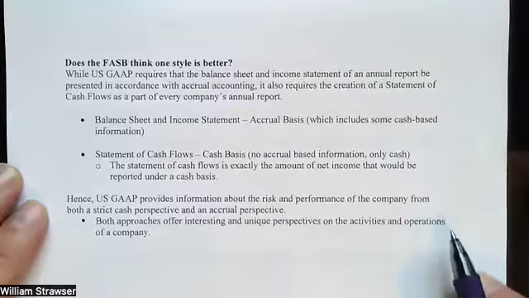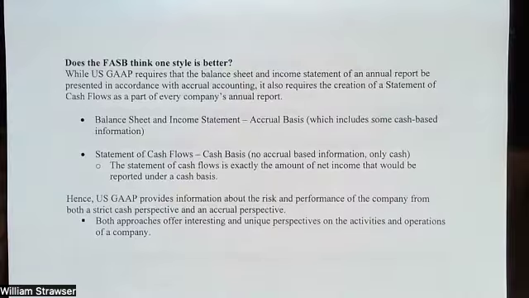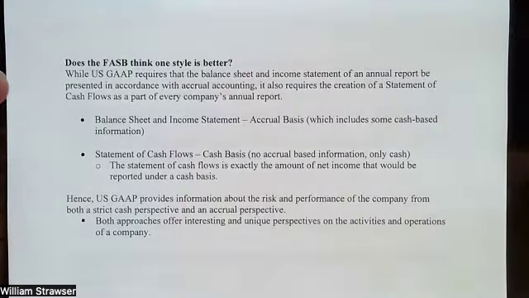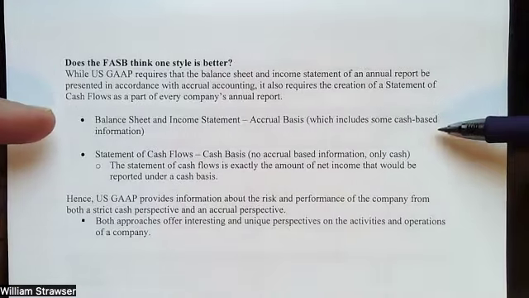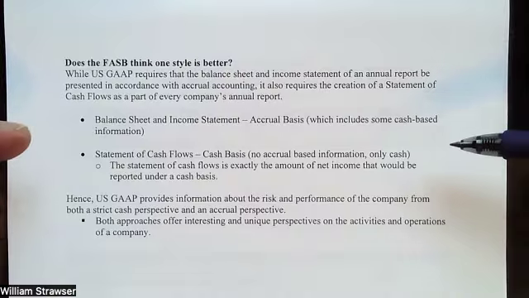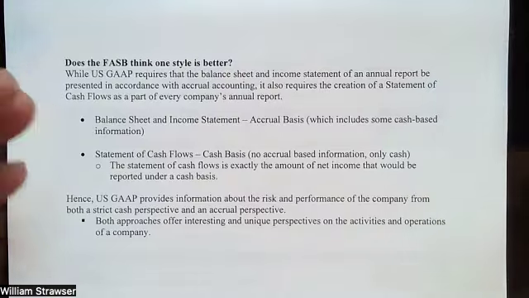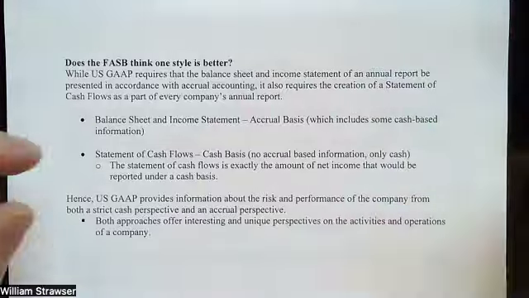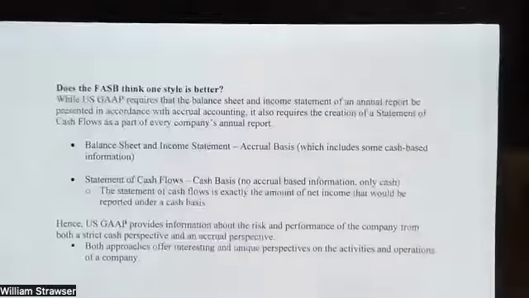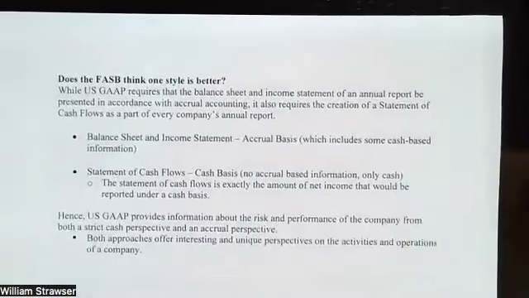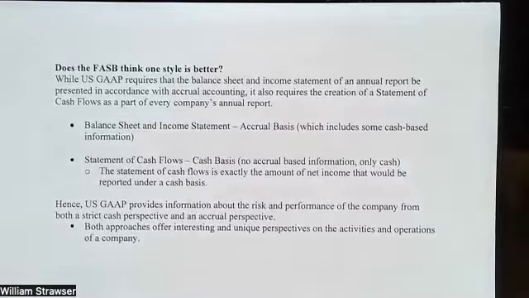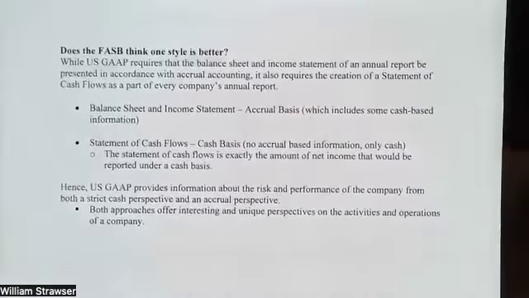So it seems like there's a sort of split decision here, because yes, the FASB uses the accrual system. The balance sheet and the income statement are definitely based on the additional accrual layer given to us by the expense recognition and revenue recognition principles. But we also are supplied with the statement of cash flows, which gives that cash basis. So really, they offer complementary analysis.